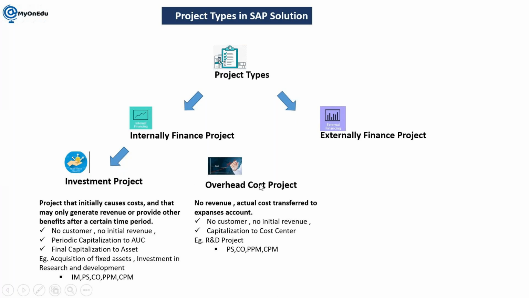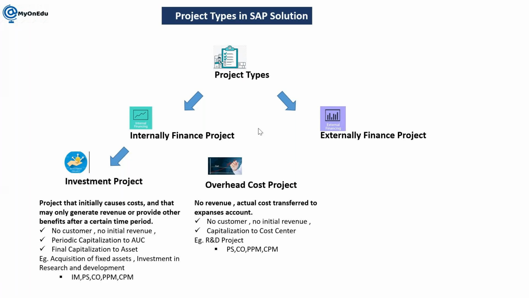Next is project type. What different types of projects do we have in SAP? We have internally financed projects and externally financed projects. This is just a categorization of projects. An internally financed project is financed by the organization internally.